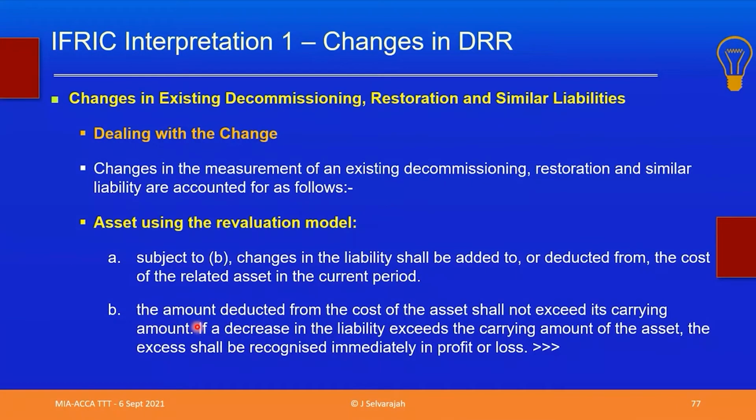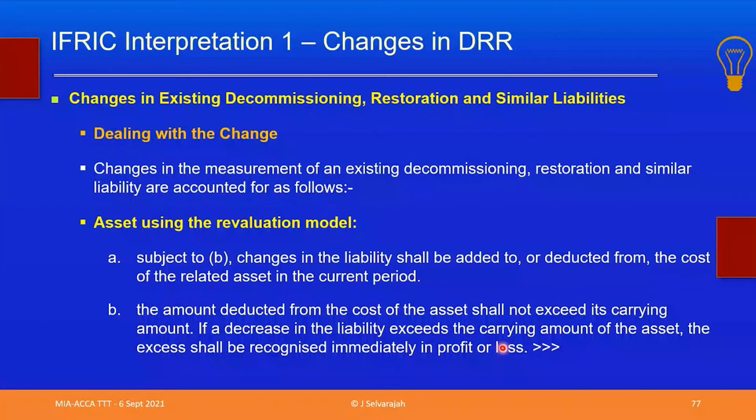So the amount deducted from the cost shall not exceed the carrying amount. If a decrease in liability exceeds the carrying amount of the asset, then the difference goes into P&L account. So likewise, the amount you only created there is 1.56 million.